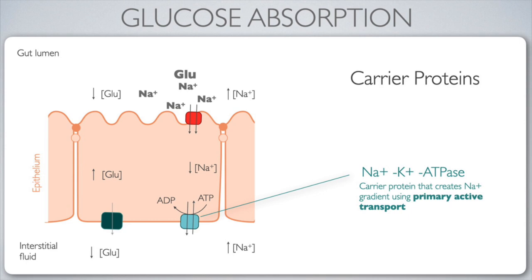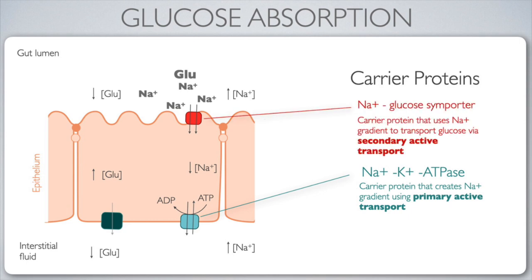In contrast, our red transmembrane protein here, known as a sodium glucose symporter, uses the concentration gradient established by sodium potassium ATPase as a source of energy to transport the glucose against its chemical concentration gradient. And that's what's known as secondary active transport.